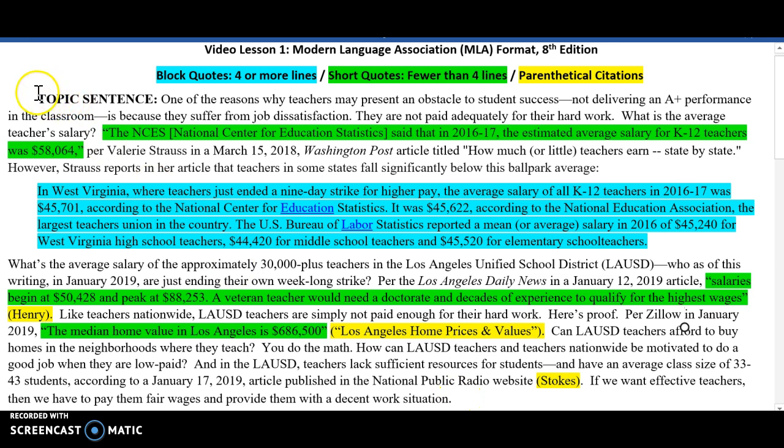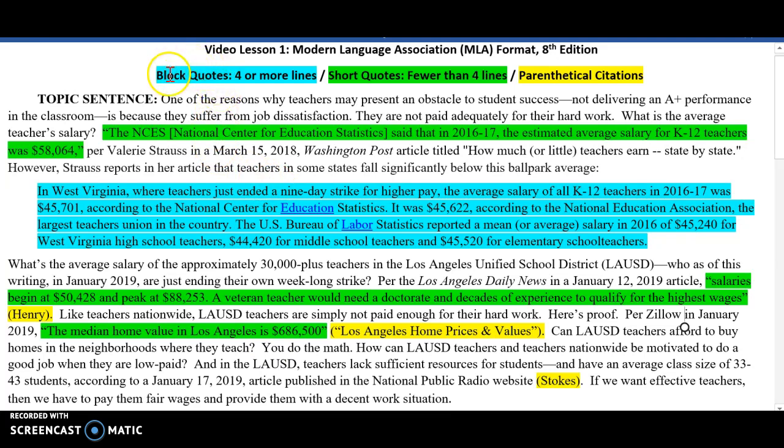Okay, so in this writing, I supported my opinion about a teacher-posed obstacle to student success. They suffer from job dissatisfaction, and I offered a solution to this problem. If we want teachers to be effective, we have to pay them fair wages and provide them with a decent work situation. And I used these quotes to support my opinion.